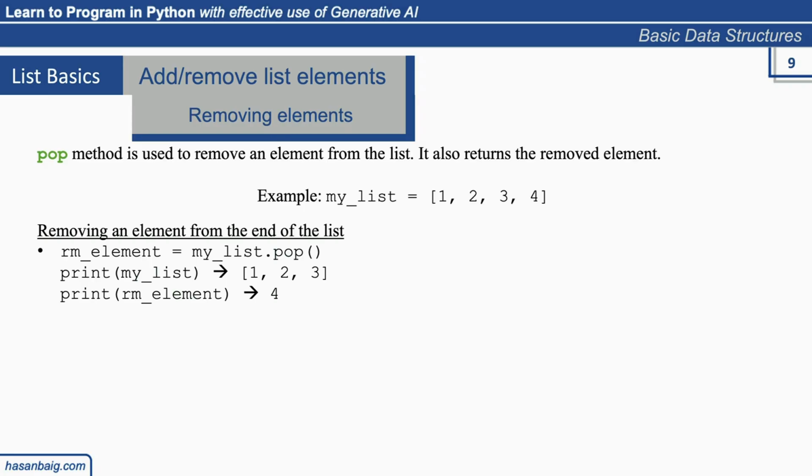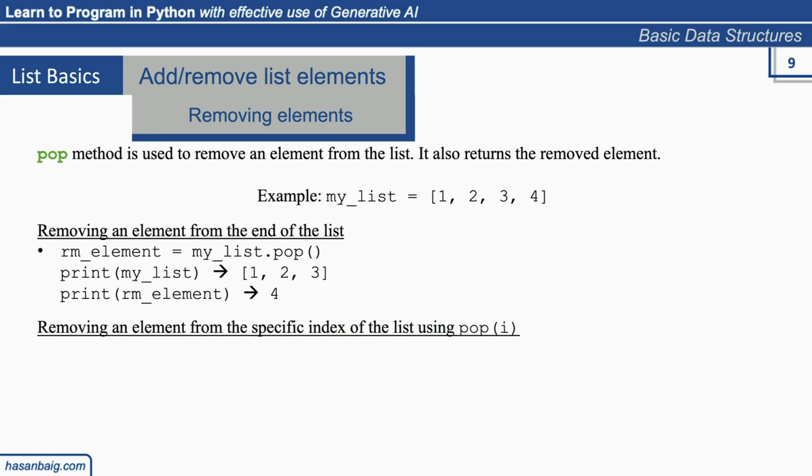So pop is to remove the last element from the list, right? Yeah, from the list. It picks the last element and removes it. And is there a way you can choose certain elements to remove? Yes. We can use the same method, pop, and we can specify the index value of the element that we want to remove.